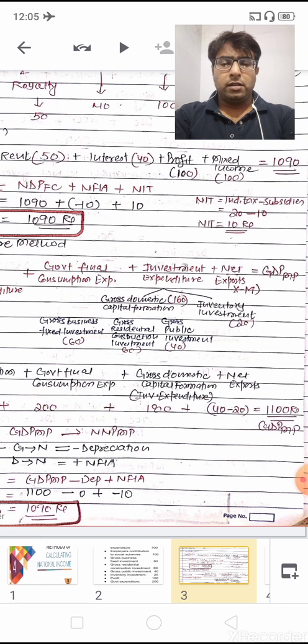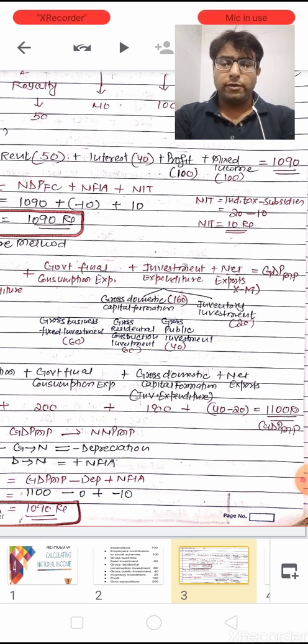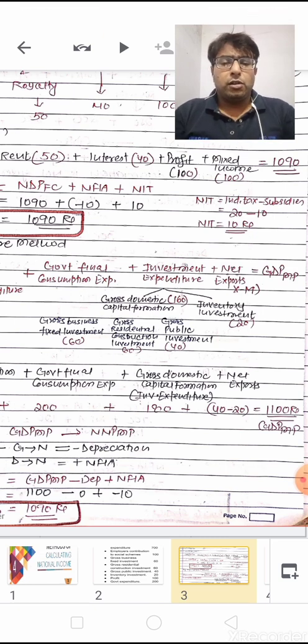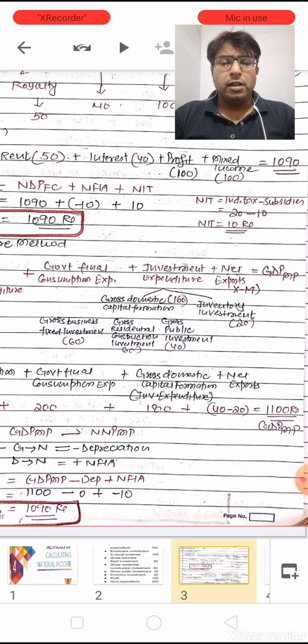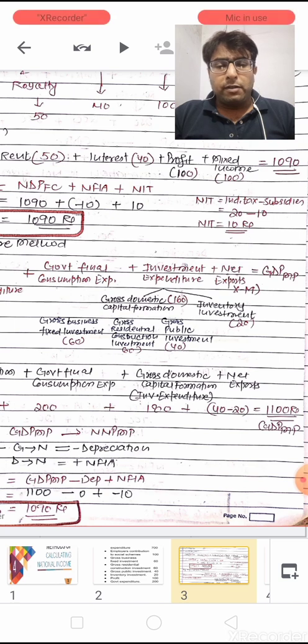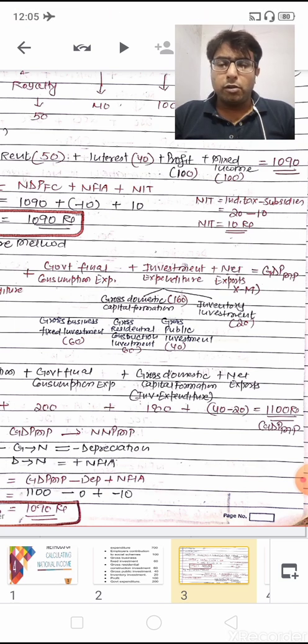But we will find out the value in our own way. Investment expenditure, we can also write as gross domestic capital formation, which is always equal to gross domestic fixed capital formation plus inventory investment. So children, here the gross domestic capital formation value is not given, we will find it out in our own way.